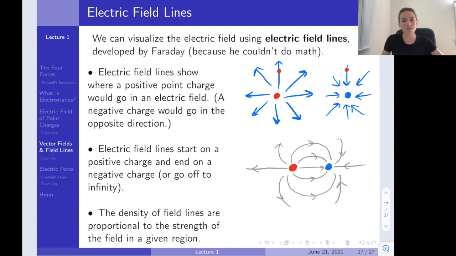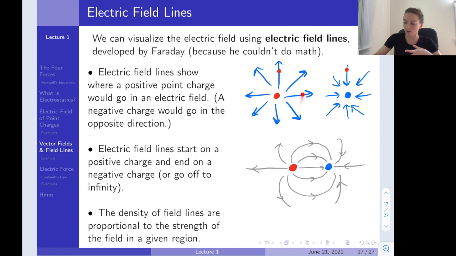The other thing is that the density of the field lines is proportional to the strength of the field in that region. Right here next to the point charge, the density of field lines is high, because we have a tiny area and 1, 2, 3, 4, 5, 6, 7, 8 field lines in it.